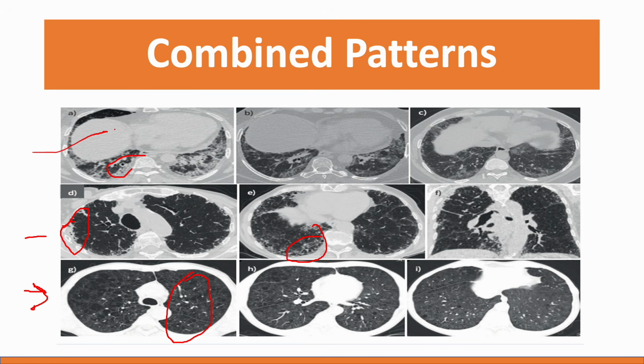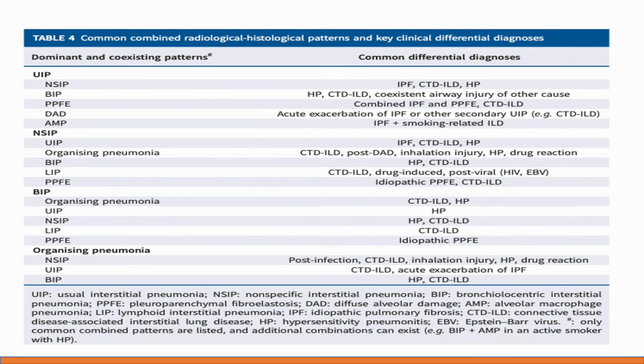So again a combined pattern. This is a summary of the common combined patterns. So UIP can exist with all of these, NSIP can exist with all of these, BIP can exist, and organizing pneumonia. So you see there's significant overlap in a lot of combined patterns.